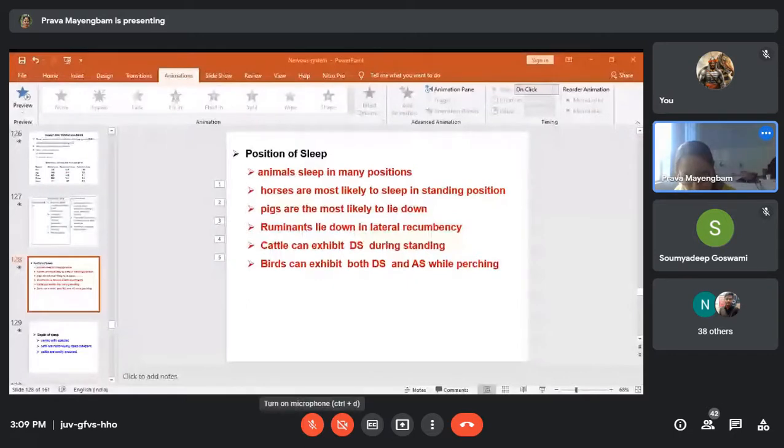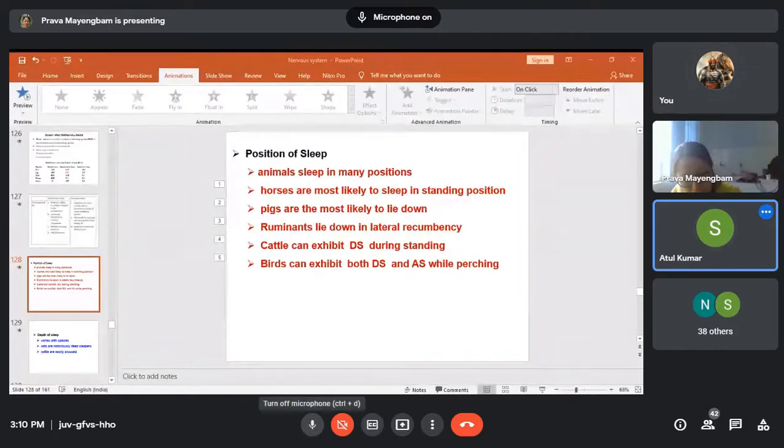Birds can sit by grasping the tree branch with their fingers. That is called perching. Perching means how their feet grasp around the tree branch and how they stand or sit there. That is called perching. Is it okay?